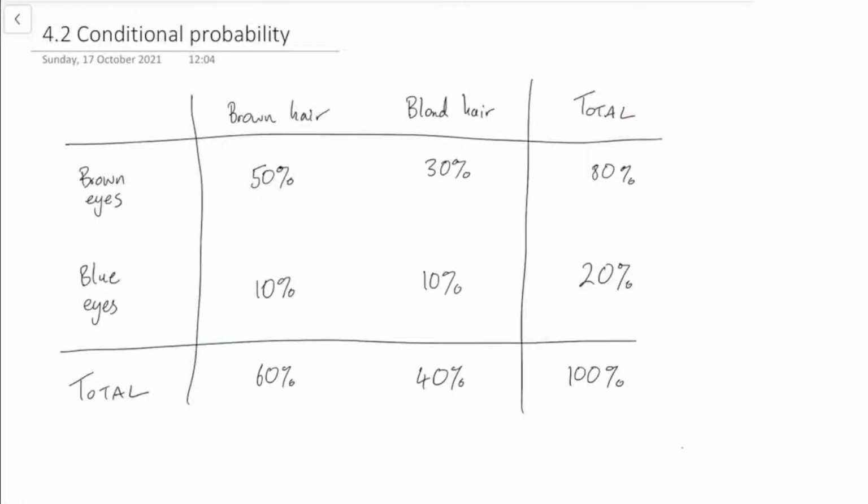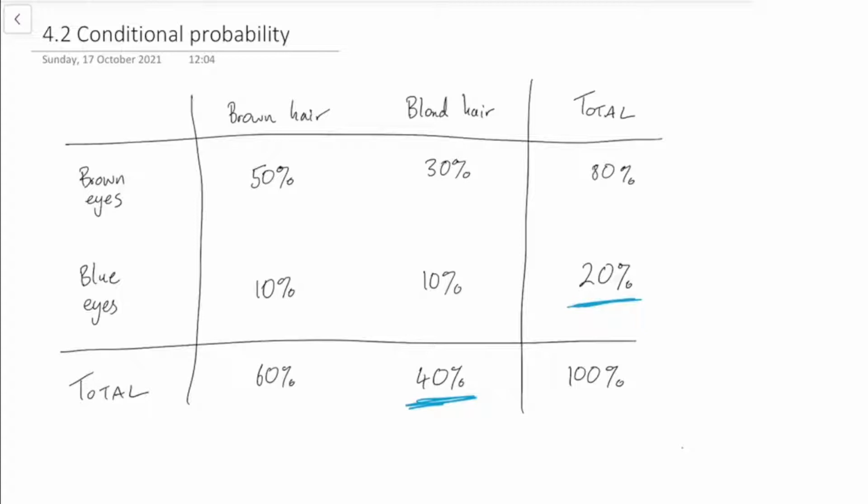So you'll remember that in the last subsection, we were talking about this case of blonde hair and blue eyes. Let's look a bit more carefully at that example now. Last time we said that 40% of people have blonde hair and 20% of people have blue eyes.